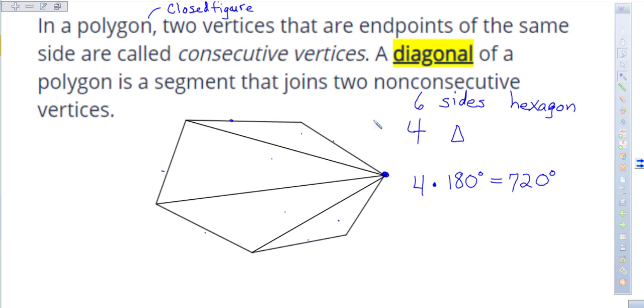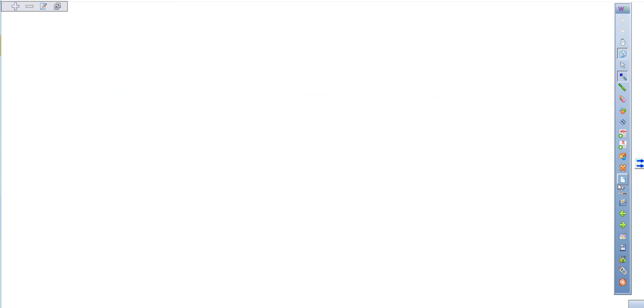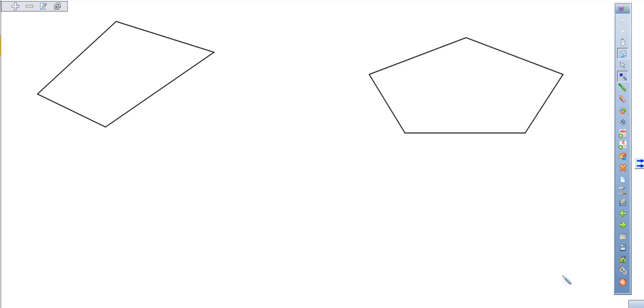Okay, so we're going to see if we can find some kind of pattern with this. Here we have 2 more polygons. This one's got 4 sides, and this one over here has 5 sides.